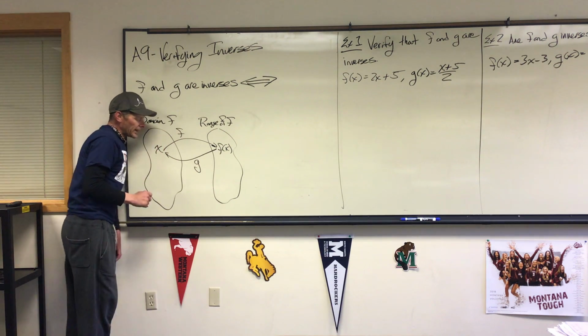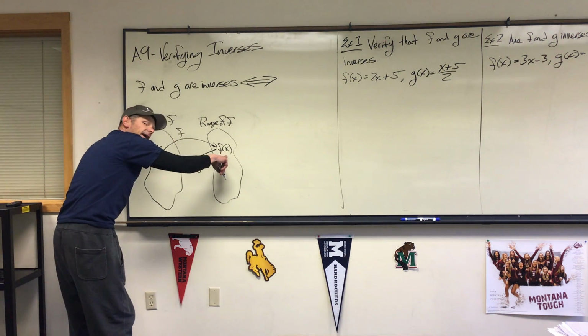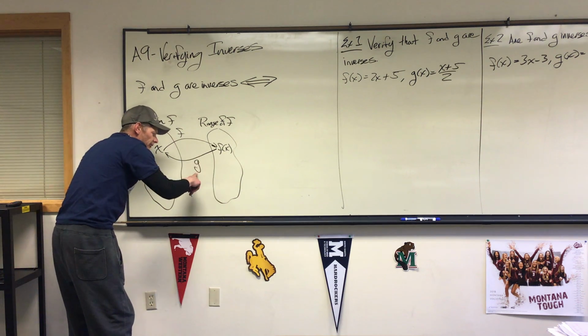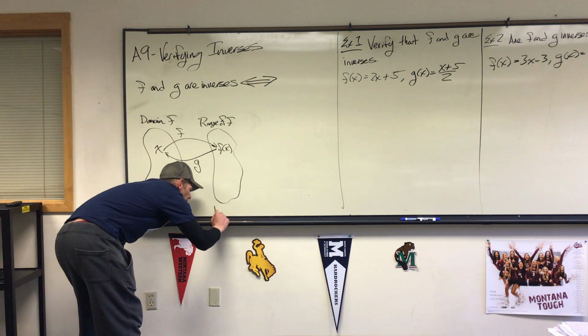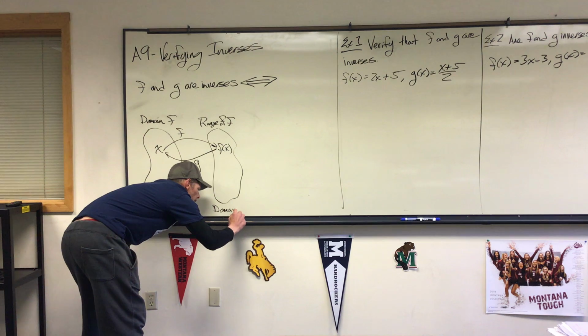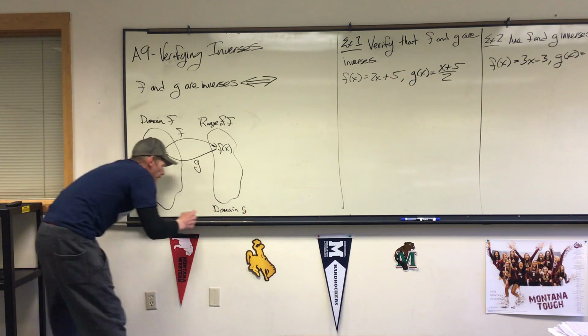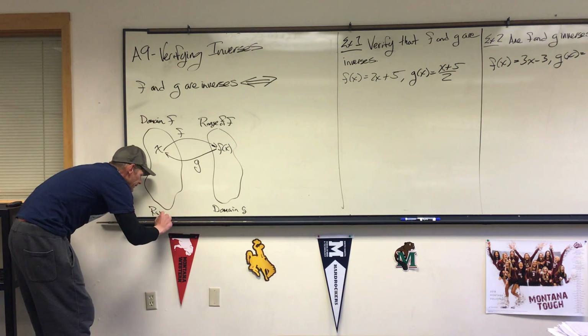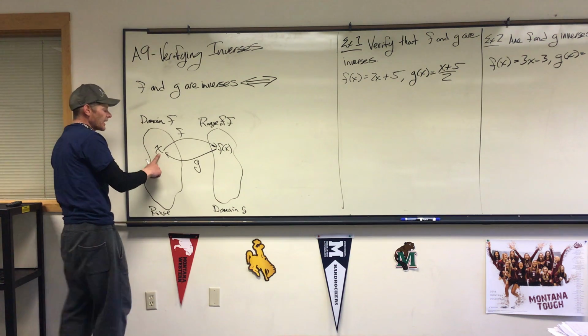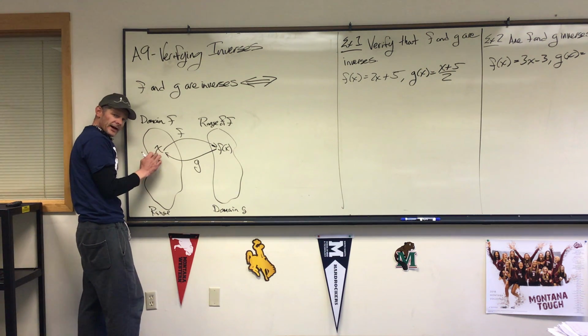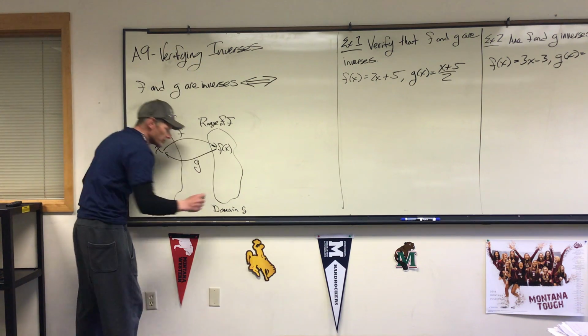And likewise, if we are acting on things that look like f of x with g, this must be the domain of g, and this must be its range. And just how we can do a cycle with x in the domain of f, we can do the same thing with x's in the domain of g.